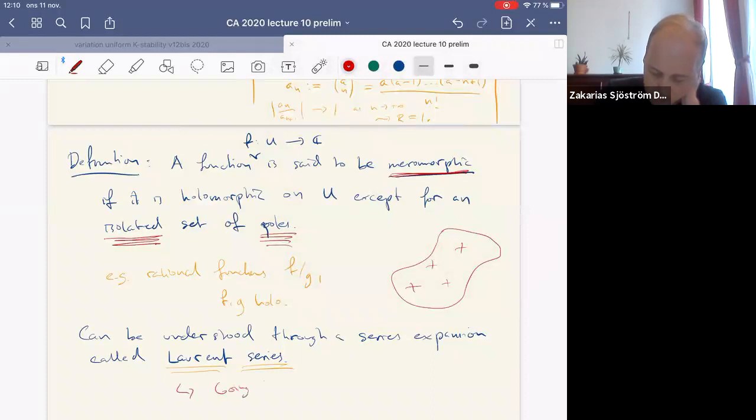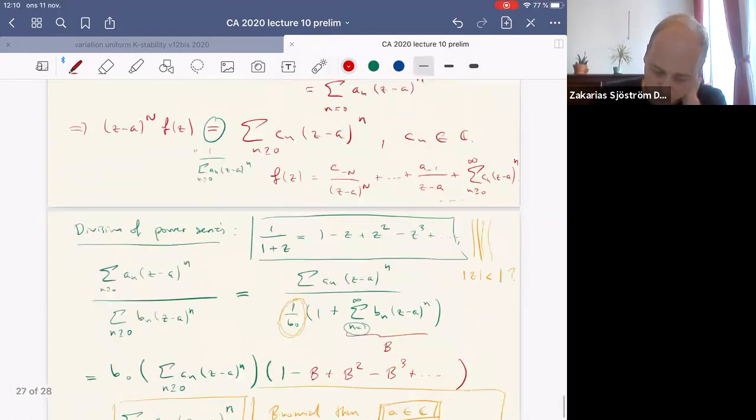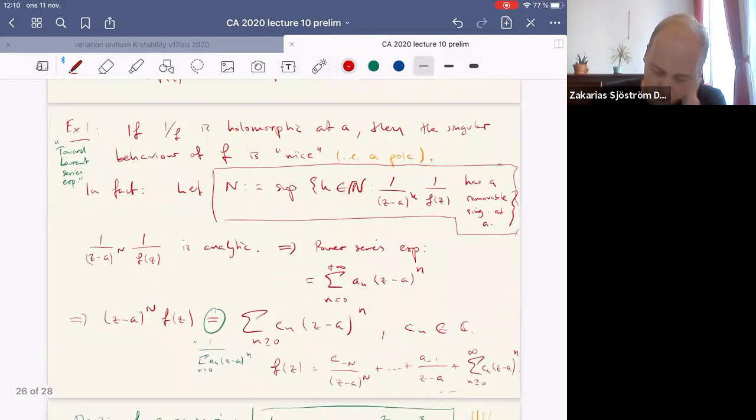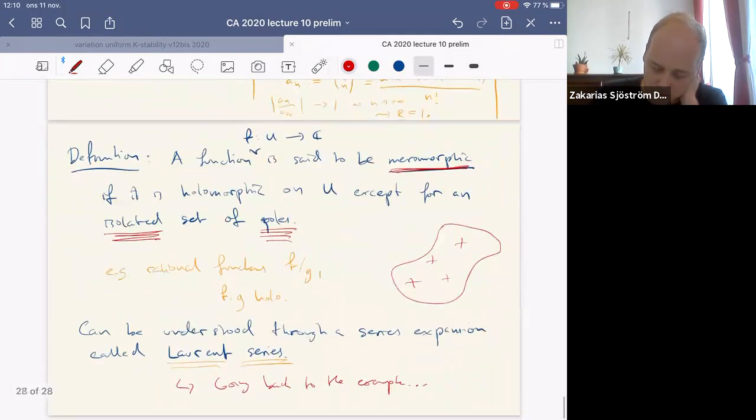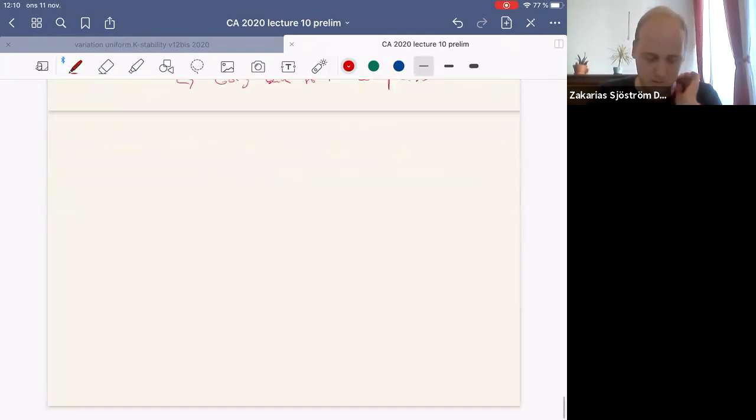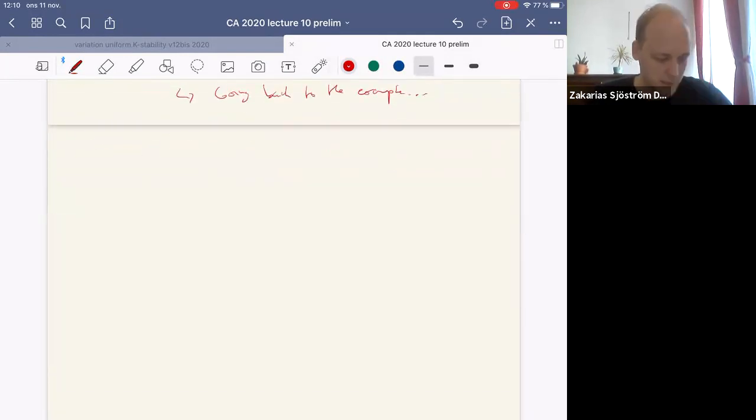Going back to the example, you remember I'm talking about this example where we landed in saying that f(z) was equal to this thing in the corner here. Let's recap. We had n, which was this supremum.